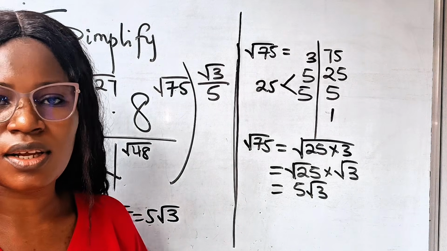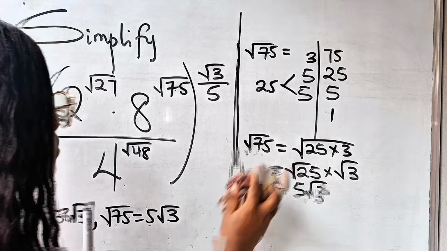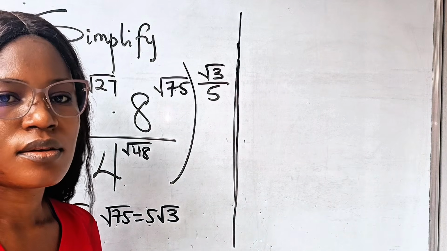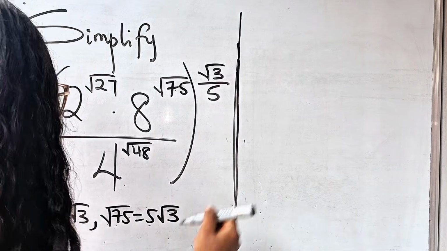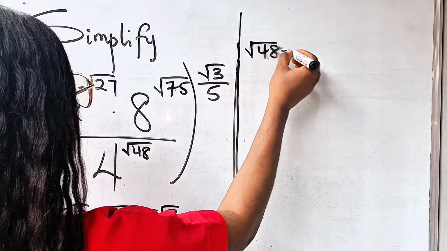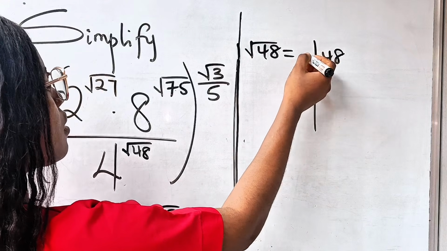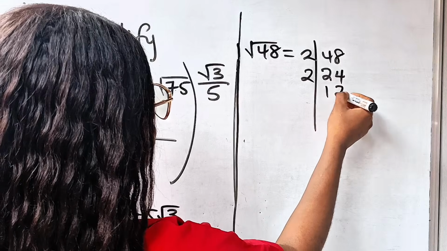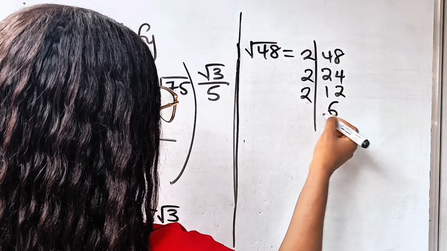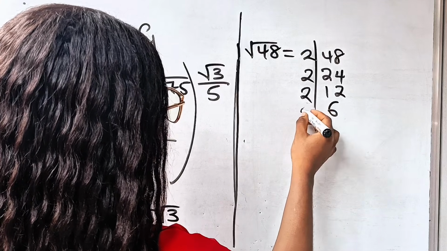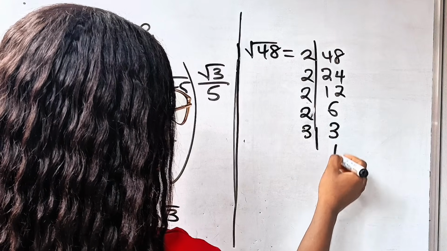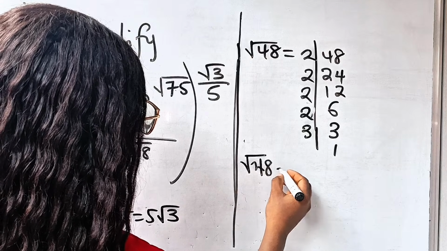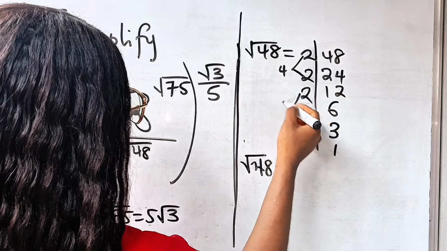Now the last but not the least, root 48. So we use the same method. We draw our 48. 2 will go into this to give us 24. 2 will go into this to give us 12. 2 will go into this to give us 6. Let's still use 2 again. 2 into this is 3, and 3 into this is 1. So we pick in pairs. 2 and 2 is 4, 2 and 2 is 4.